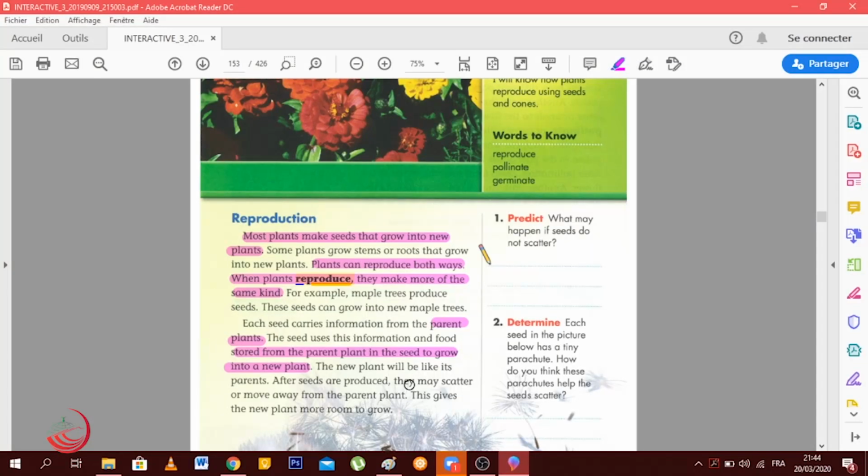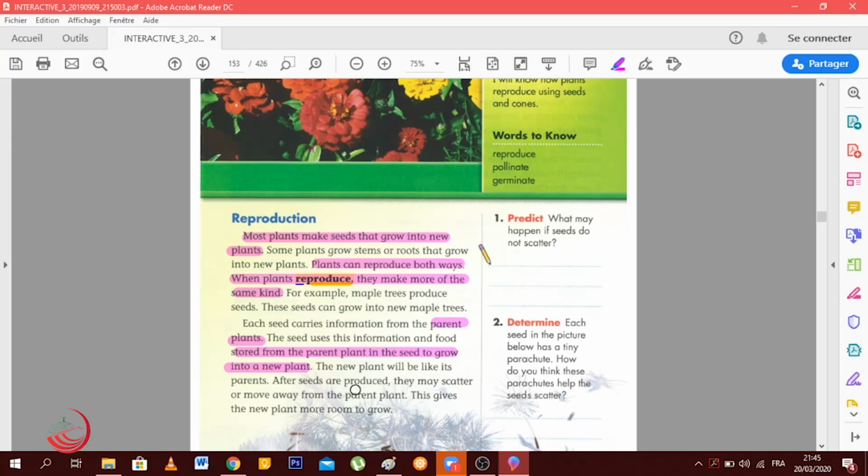So how can these seeds grow? Yes, very good. They have food stored in the seeds. So there is a food supply inside the seeds, and the new plant gets the food from the seeds itself. The new plant will be like its parents.